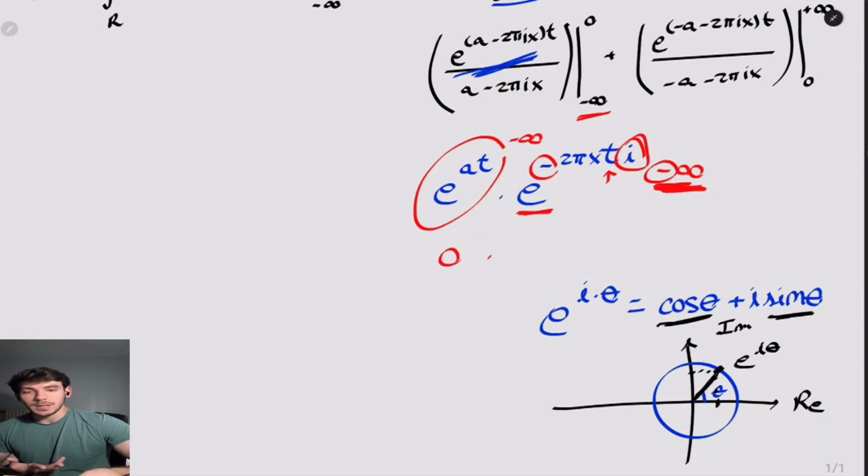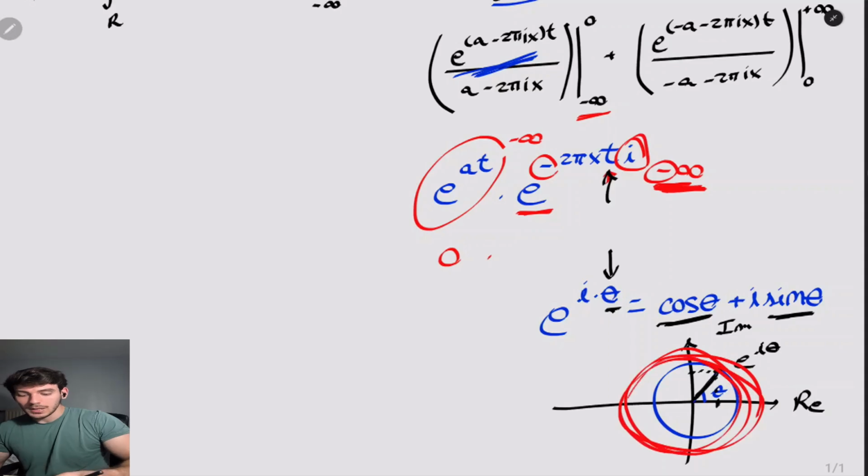So it doesn't matter how much you increase your theta, because that's what we are doing when we are putting infinite here on the t. We are just increasing the value of theta. When we are doing this, we are not changing the module of it. We are just basically rotating our exponential of I theta by changing the value of theta, but we are not changing the module itself. The module is always 1.